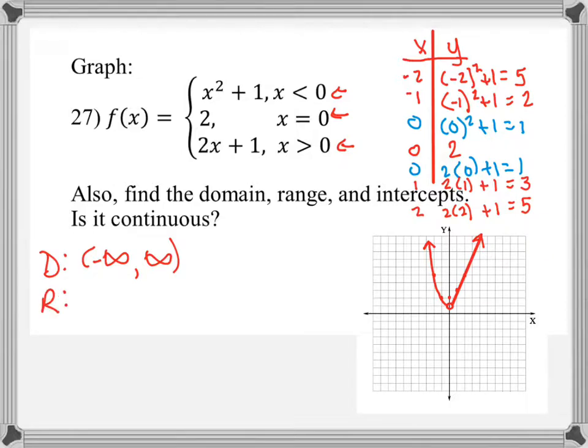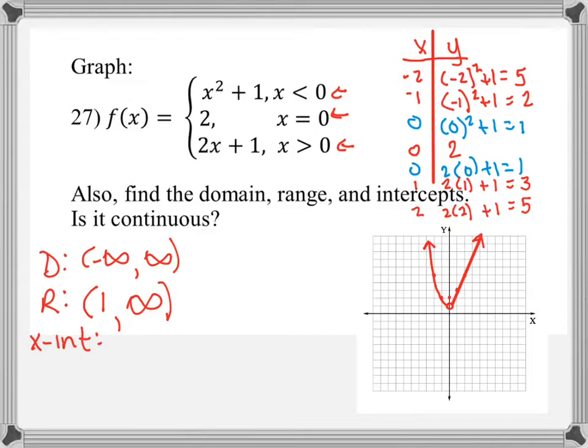Our range goes from 1, but that point is an open circle, so it's not included in the graph, so that y value is not included. We'll have a curved parenthesis. And the graph keeps going up forever, so it goes to infinity. So the range is basically any y value greater than 1, but not including 1.